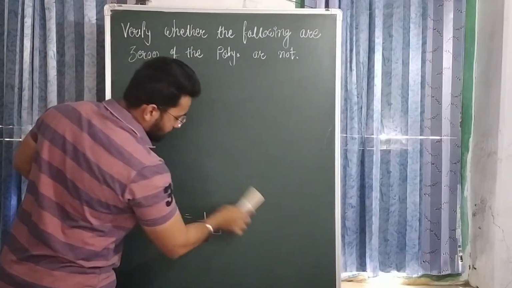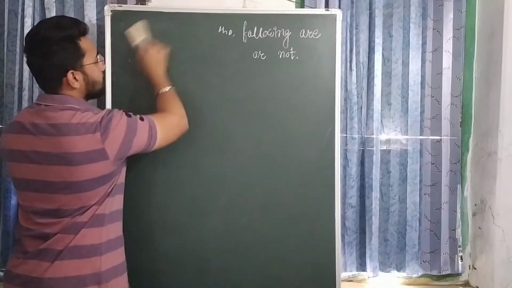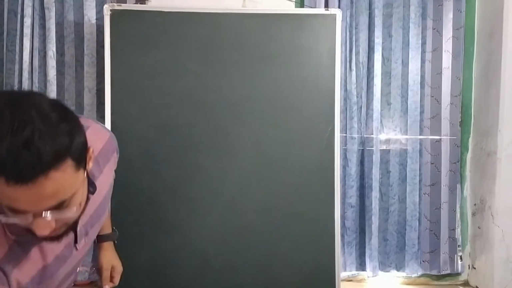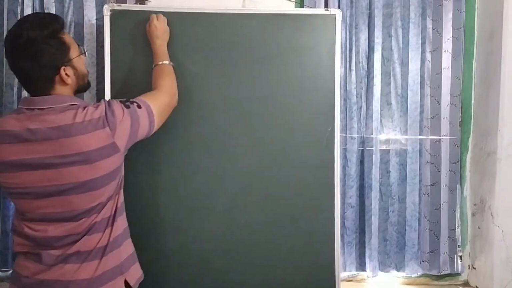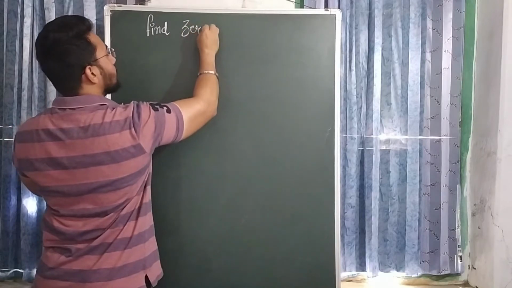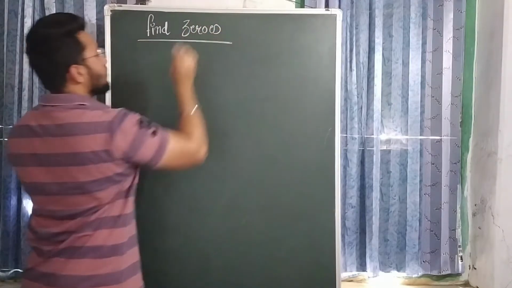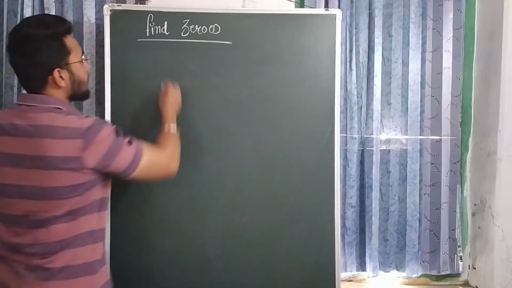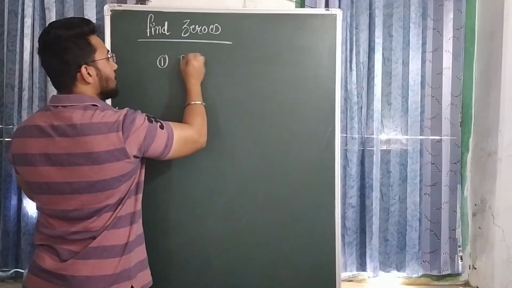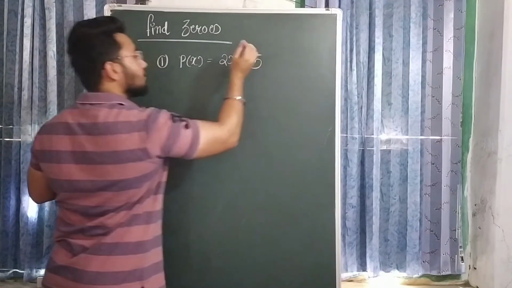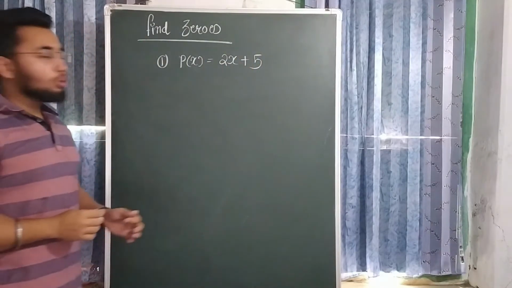Now we are taking method number 3. In this method, find the zeros. We have to just find the zeros. First, p(x) is equal to 2x plus 5. We have to find the value of the zero.